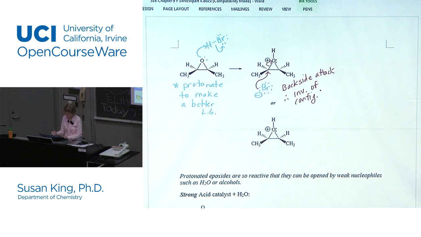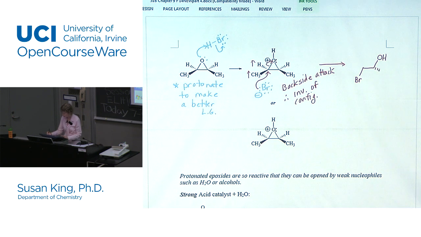All right, so just like we did inversion in chapter 7, we move these groups up a little, but they still stay in the same orientation. The inversion happens when the nucleophile comes in on the opposite side of the leaving group. That's where we get our inversion. So let's draw the product there. I usually draw the incoming nucleophile and the oxygen in the plane. It was a little easier to see here.